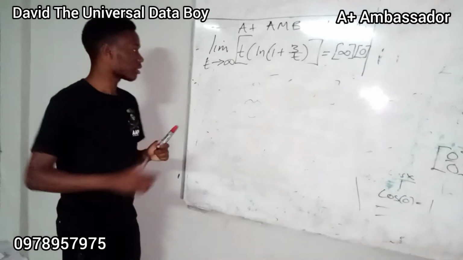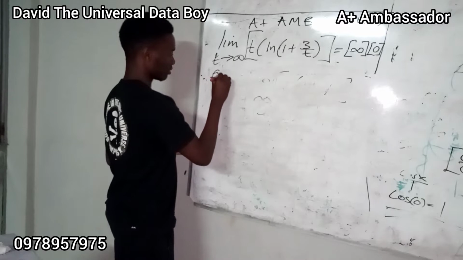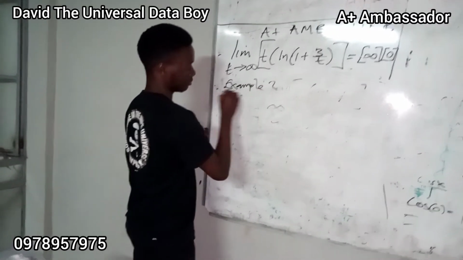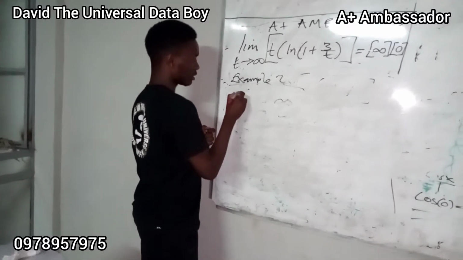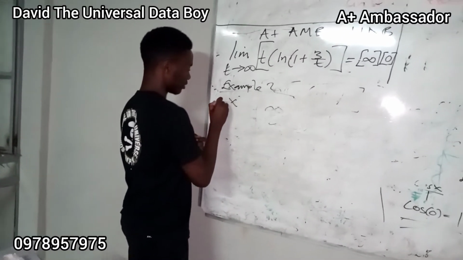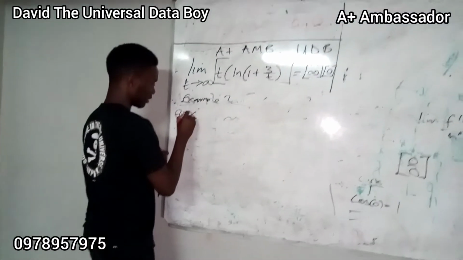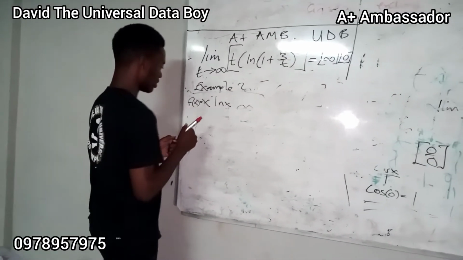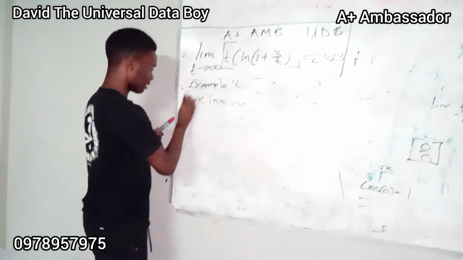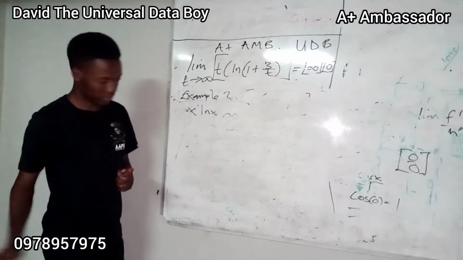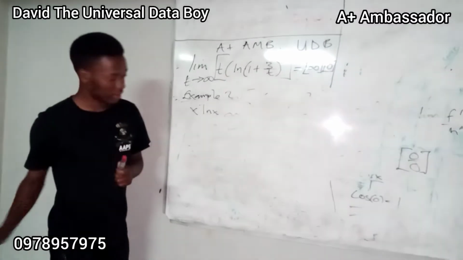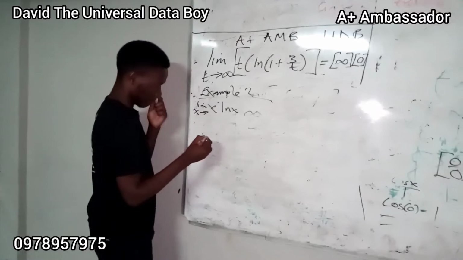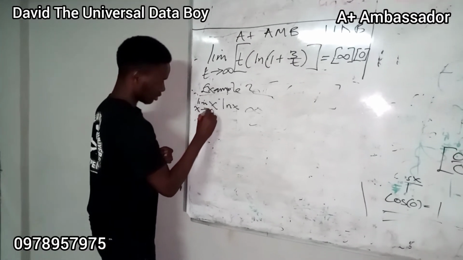So for example, this is example 2. We have f of x, a function of x, equal to x natural log of x. Now this function is being evaluated to the limit, so we're saying the limit as x approaches 0.